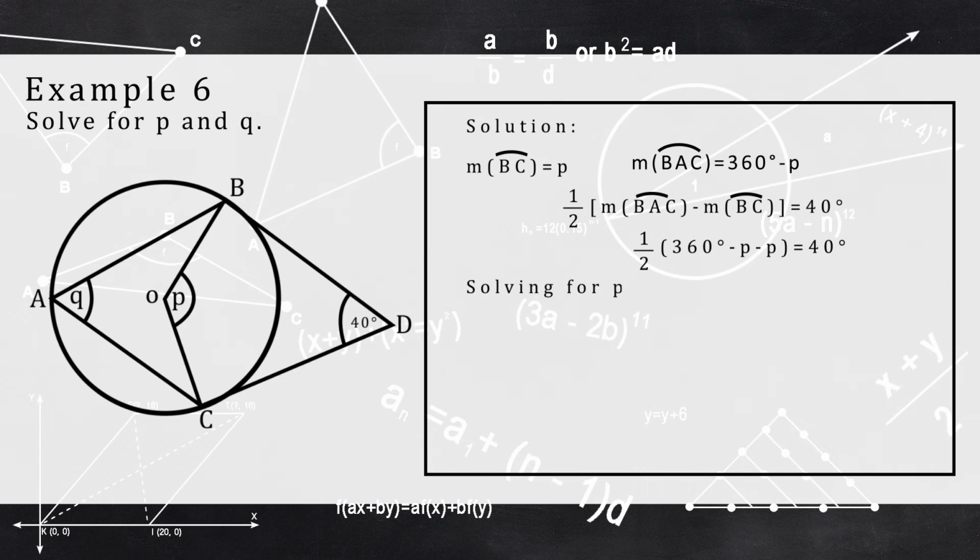Solving for P, we have P is equal to 140 degrees. Consequently, since angle BAC is an inscribed angle, Q is equal to 1/2 of P. That is, Q is equal to 1/2 of 140 degrees, which is equal to 70 degrees.